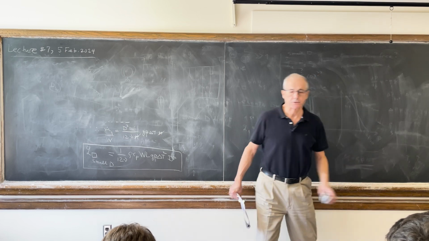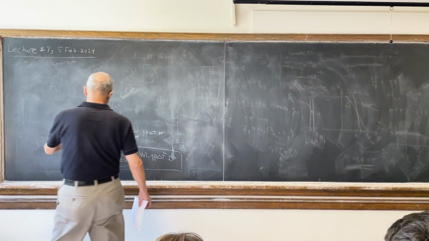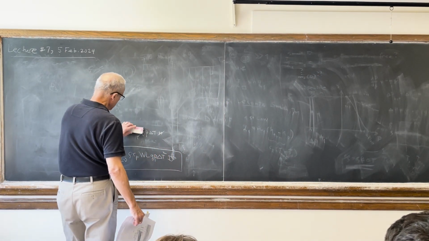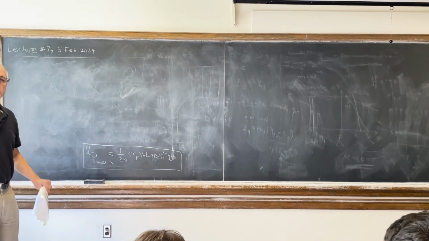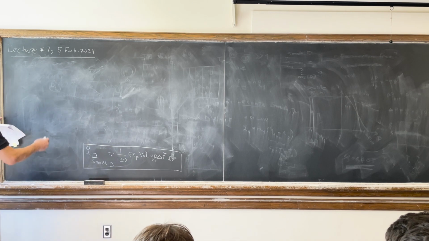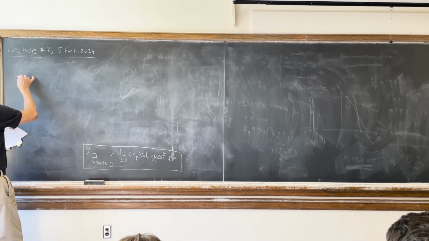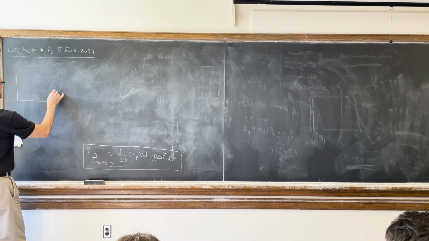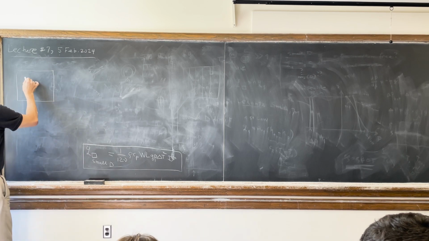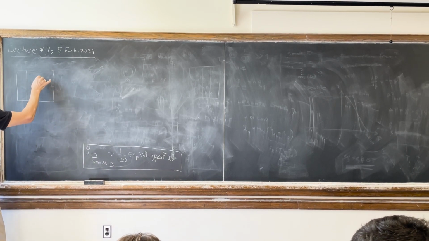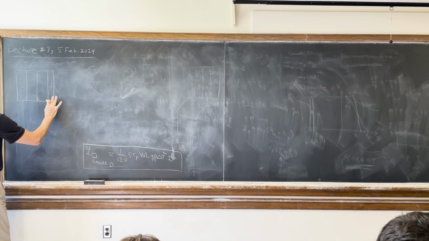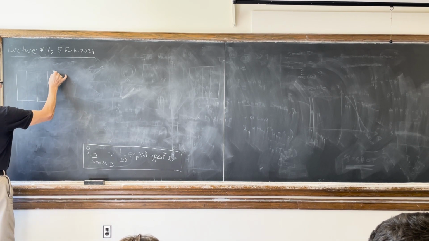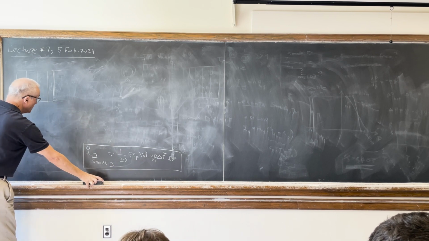The competitor to this regime of narrow spacings is the other extreme called wide spacings. Here's the box again. And wide spacings means that there are only a few plates in the picture.